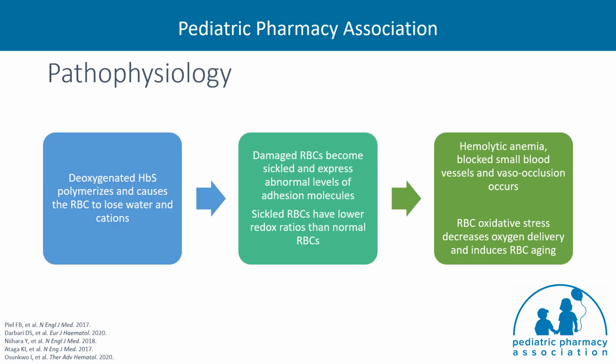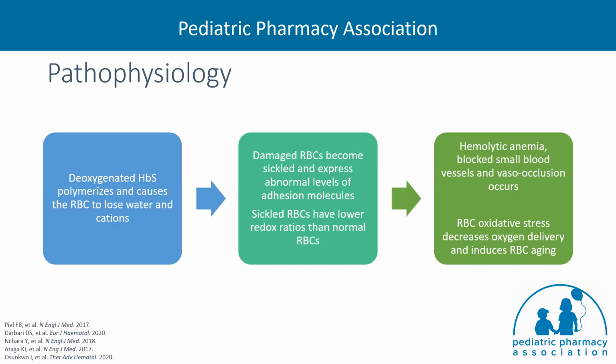When we think about the pathophysiology a little bit more, we can think about our deoxygenated hemoglobin. So when our hemoglobin does not have oxygen on it, it's going to polymerize, and it can cause the red blood cells to lose water and cations. Those damaged red blood cells become sickled, and they're going to express abnormal levels of adhesion molecules.